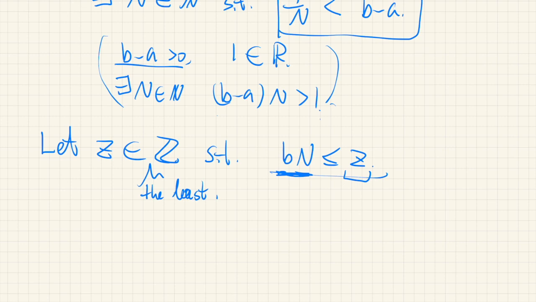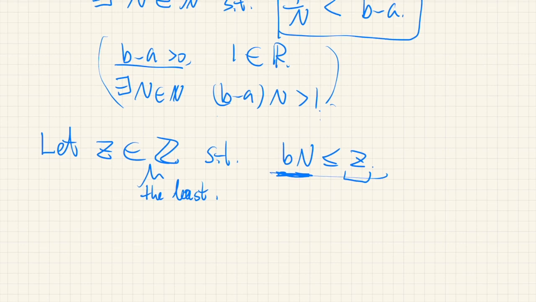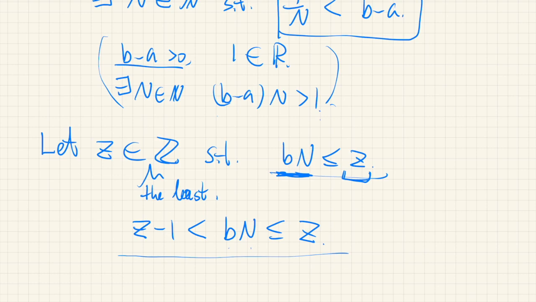Okay. So that's how we choose this integer z. So by this choice, we have z minus 1 is less than bn, because z was the least integer that is greater than b times n. Okay, so we have this inequality.